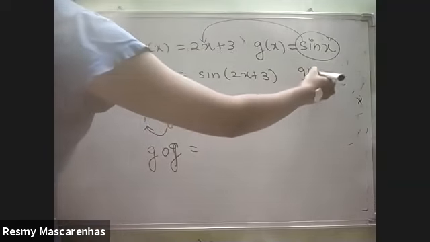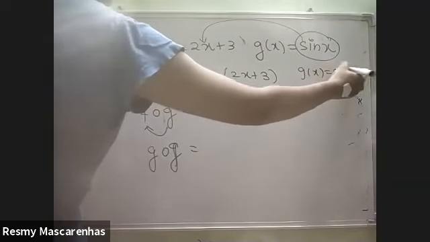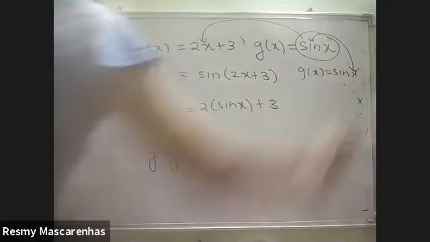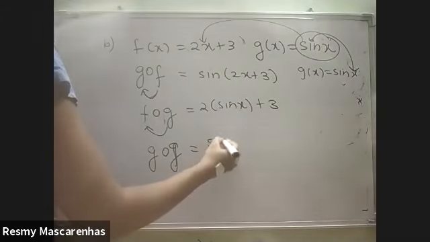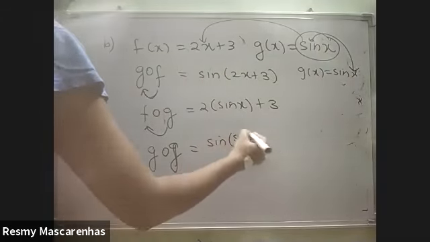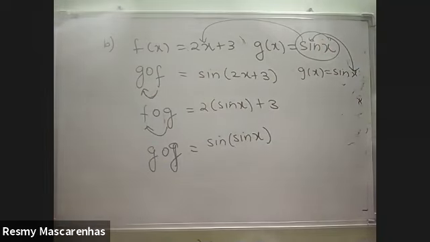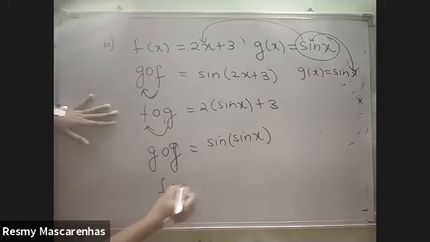So if you want to write, you can write again also and see. Sine X will come here. So it will become sine of sine x. And that last one, FOF. So whichever order, doesn't matter. If you have written FOF first, no problem.